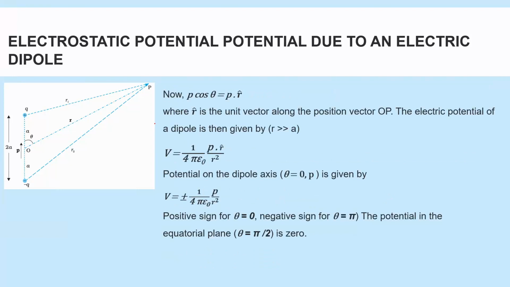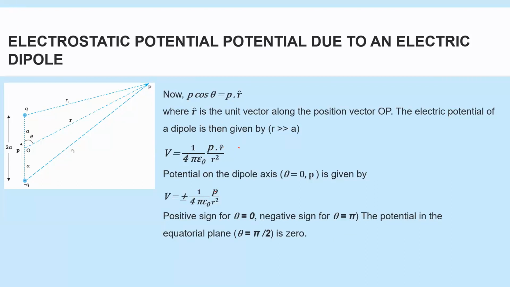If you consider the electric potential of a dipole in the vector form, it is going to be P dot R cap upon R square. If you remember, the dot product will be given as P cos theta, because R cap is a unit vector. So in the vector form we can write it as P dot R cap upon R square, multiplied with this constant.